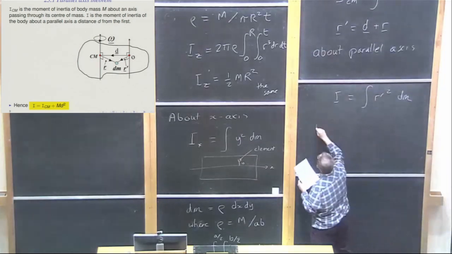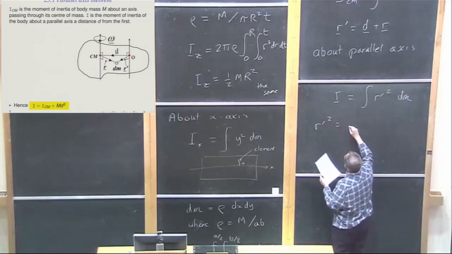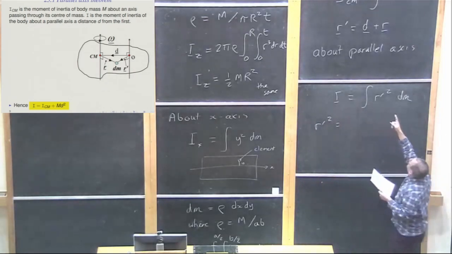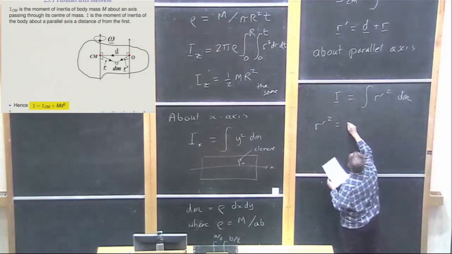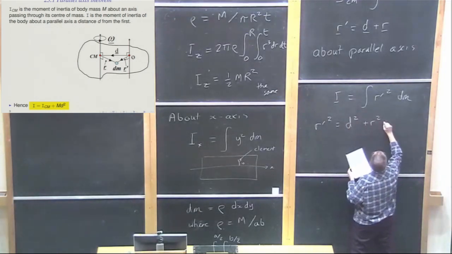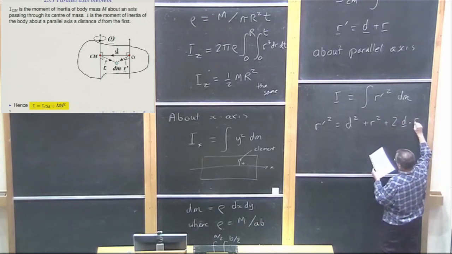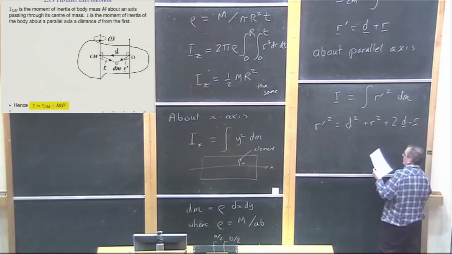So now we see why we might want to square r primed. So let's do this. So r primed squared is going to be given by, dotting this vector with itself, we'll get d squared plus r squared plus 2d dot r. Okay.